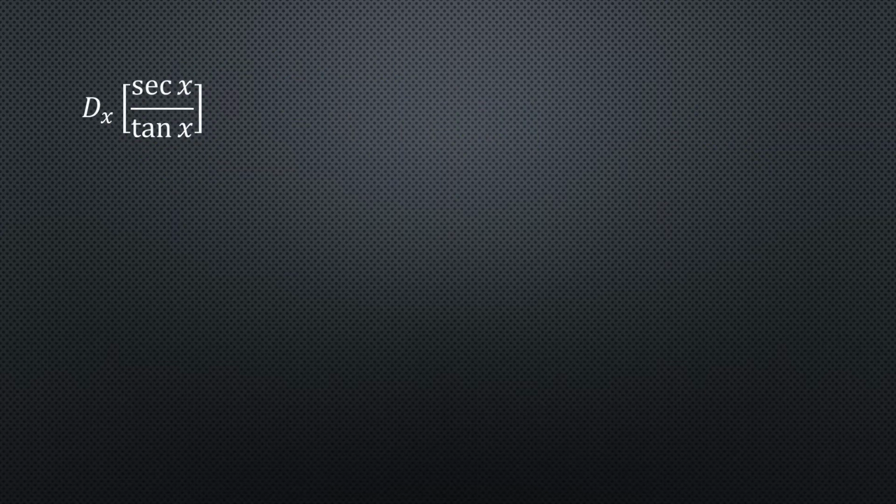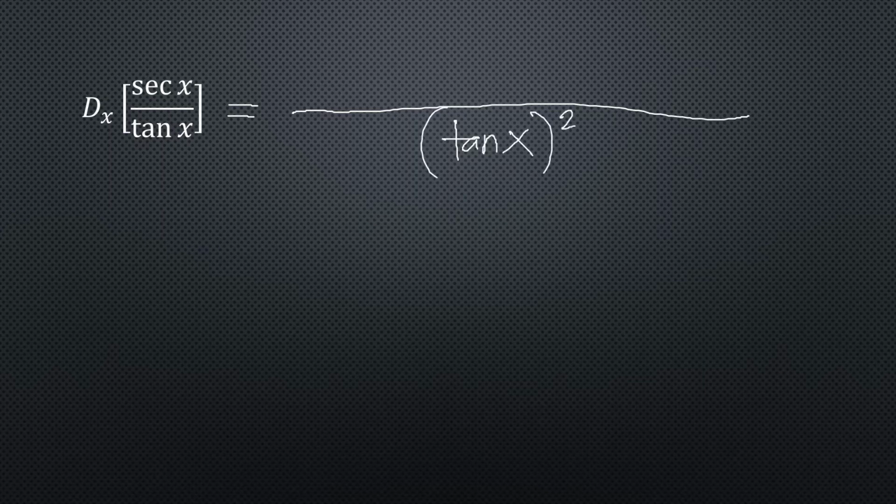On this problem, we cannot use the identities because there's nothing common between them, and we cannot do any elimination when we use the derivatives or the identities. So we use the quotient rule. So we need to square the denominator, so the square of tangent x.